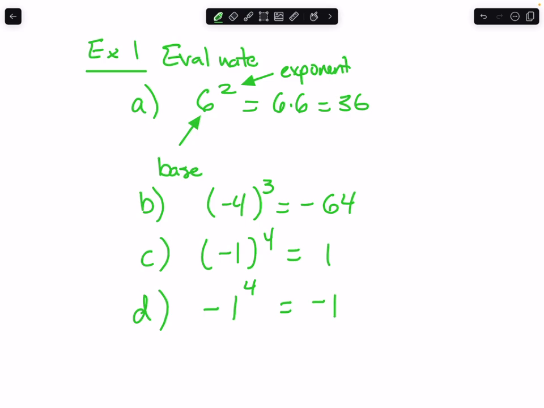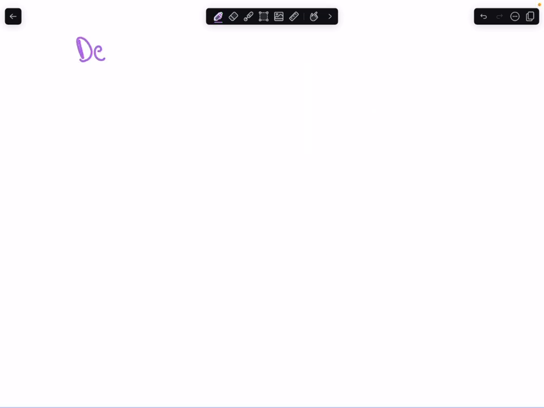Let's now talk about a definition of what an exponential expression is and what this means in general. Definition.